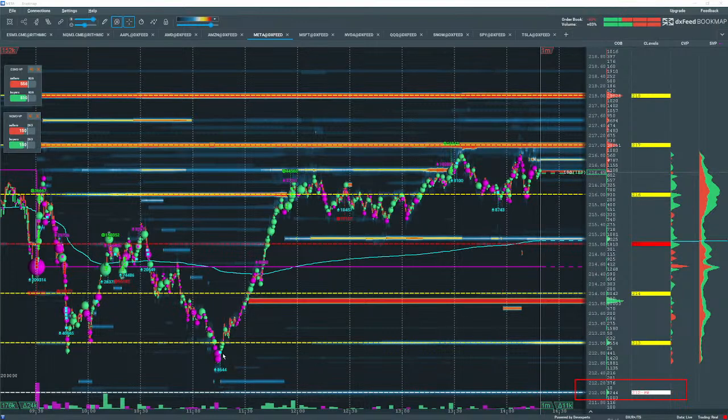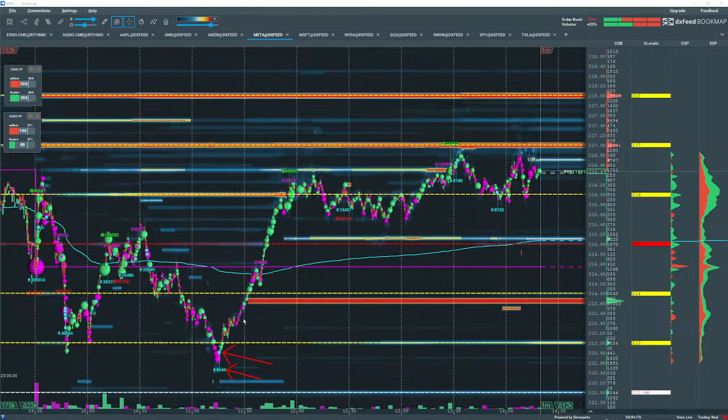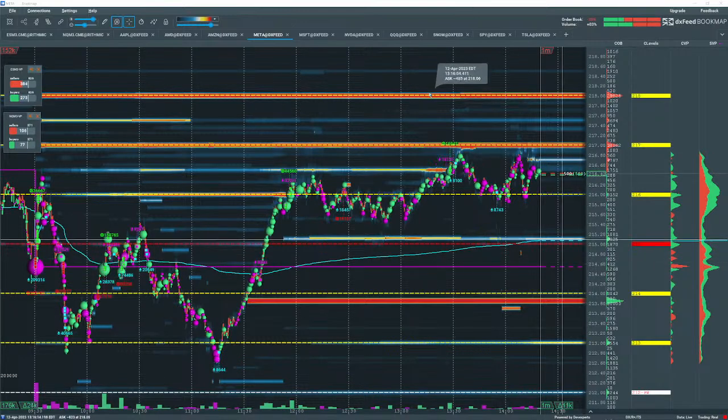And this light blue square and this number here, that's the absorption indicator showing passive orders absorbing the sellers, and then price starts to move higher as traders start taking positive delta options positions and aggressive buyers come in, start moving price higher. So that's Meta.